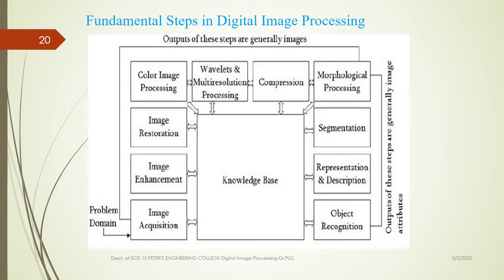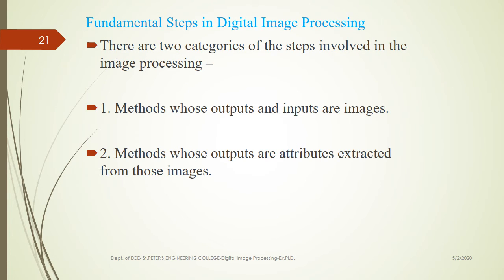Combined, the outputs of these processing steps are in general image attributes. So mainly two categories are involved in image processing: methods whose inputs and outputs are images, and methods whose outputs are attributes extracted from those images.